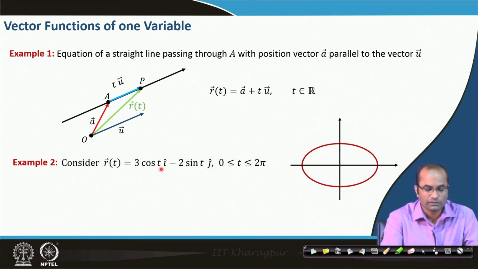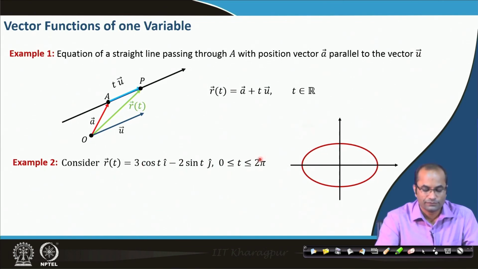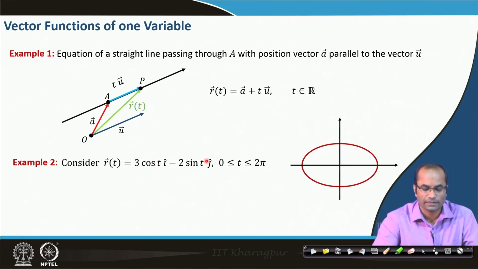For instance, at t equal to 0, we have 3 and 0, so the point (3, 0), which is given here already. Then if t is pi by 2, the x component will become 0 and the y component will be minus 2, so that will be this point. We are moving from this point in this direction, and that is the orientation of the curve. So, in this vector setting we are not only getting a curve, but its orientation as well.